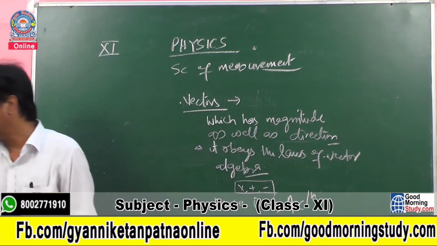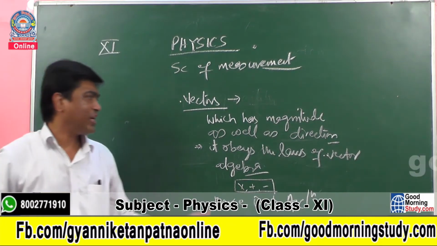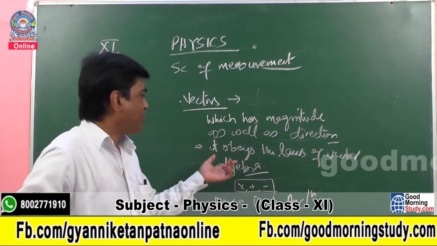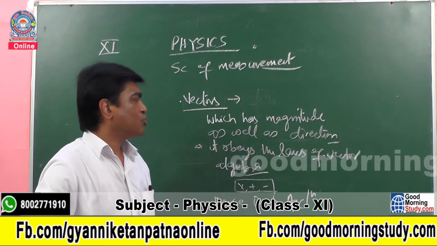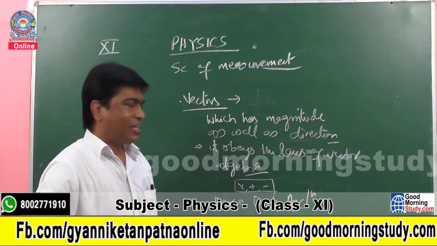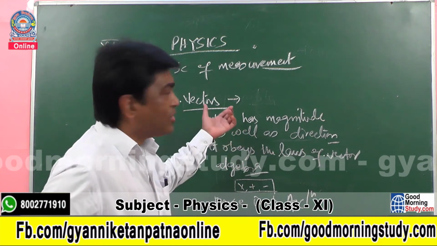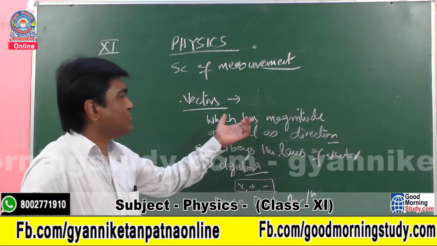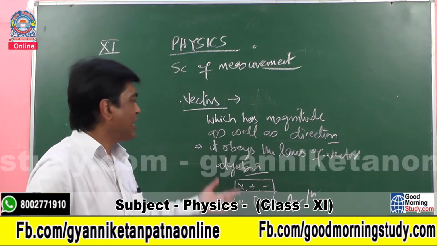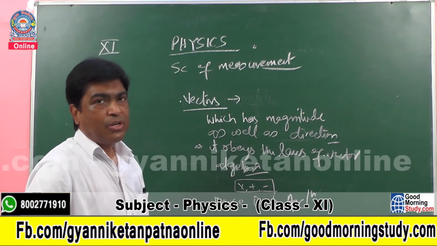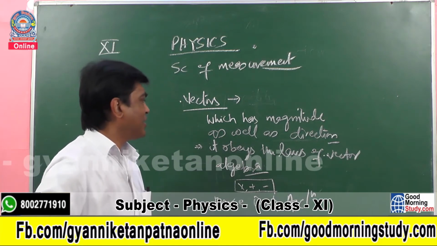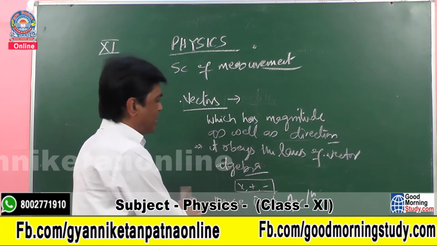Vectors are those physical quantities which have magnitude as well as direction, and they obey the laws of vector algebra. Vector algebra we will study after this. You must understand the vector has magnitude as well as direction and must obey the laws of vector algebra. Now we study about the vector algebra.